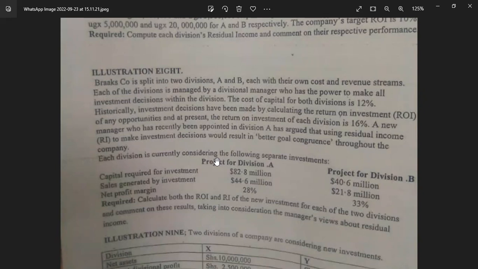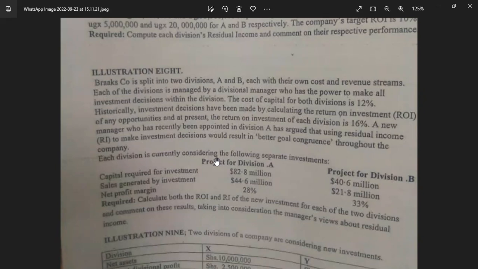Here you do think of things like transfer pricing, but still return on investment and residual income are the focus. The cost of capital for both divisions is 12%. Ideally, you're supposed to use that when finding residual income.